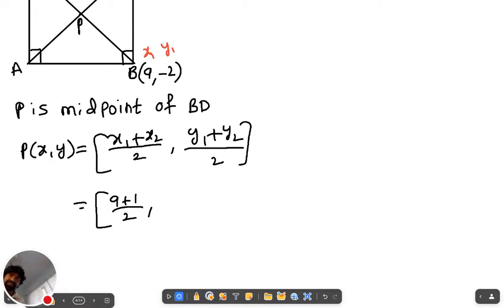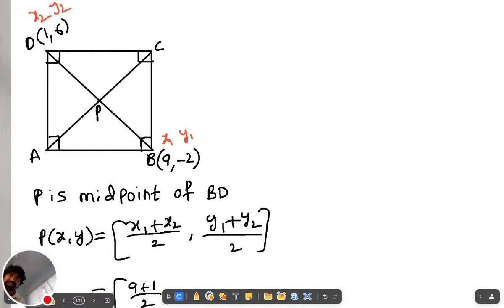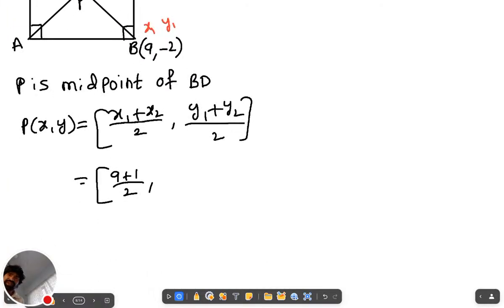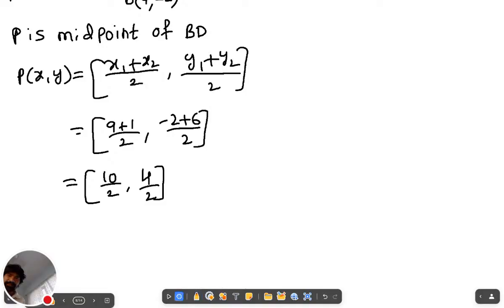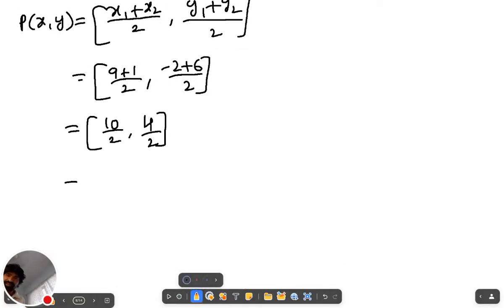Next, y1 plus y2 by 2. y1 is -2, y2 is 6, so -2 plus 6 by 2. So 9 plus 1 is 10 by 2, comma, -2 plus 6 is 4, 4 by 2. 10 by 2 is 5, and 4 by 2 is 2, so the coordinates of P are (5, 2). This is the answer for the question.